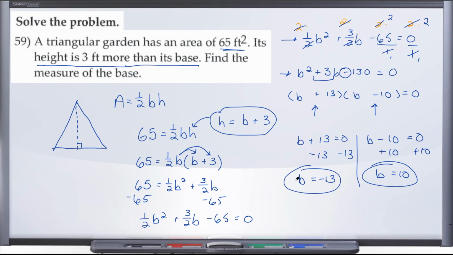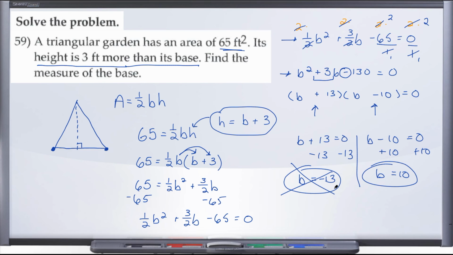And b represented what? The base of this triangle. And so we know that when we're dealing with dimensions, we're talking about distance, right? We're measuring the distance between here and here. That's the length of the base. Well, can distance ever be negative? Can you have a negative distance, right? Can you walk a negative 13 feet?